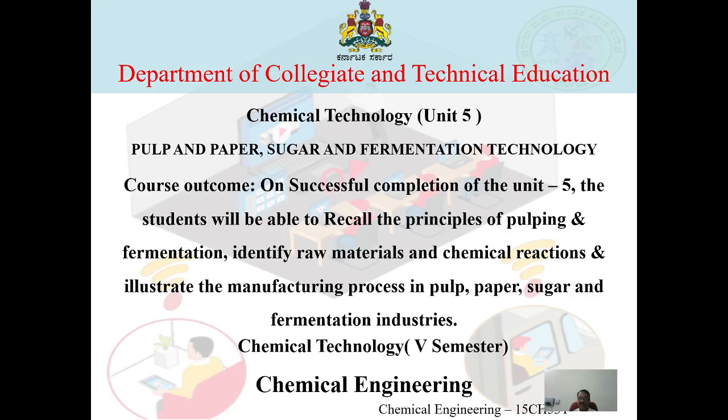The mixture of crystals and syrup is known as massecuite. The massecuite from the crystallizer is centrifuged in basket type centrifuge to remove the mother liquor, that is molasses, which is the byproduct of the sugar industry. High grade sugar crystals are obtained here.